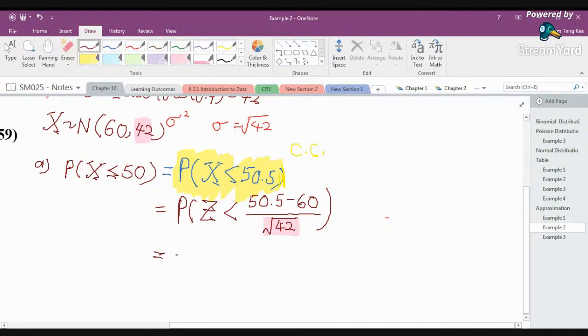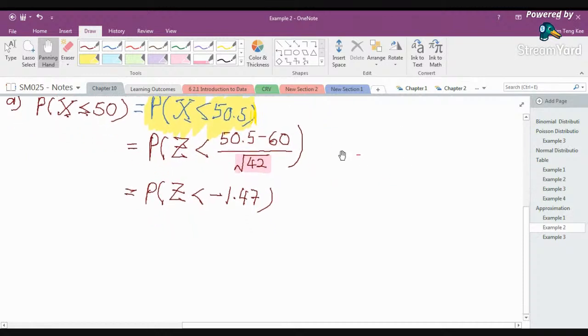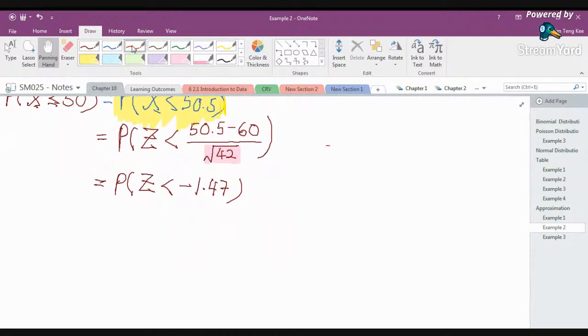Go on. I will have Z less than. When you calculate this part, you just need to keep your answer correct up to 2 decimal places, which will be good enough, because from our statistical table we can only get the answer based on 2 decimal places. So by 2 decimal places, I will have Z less than negative 1.47.